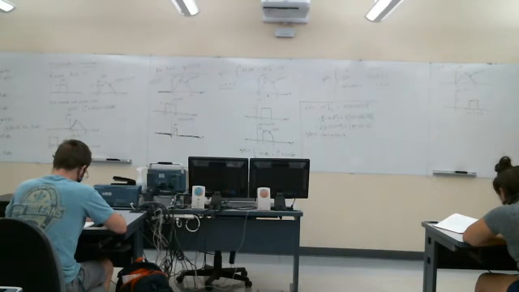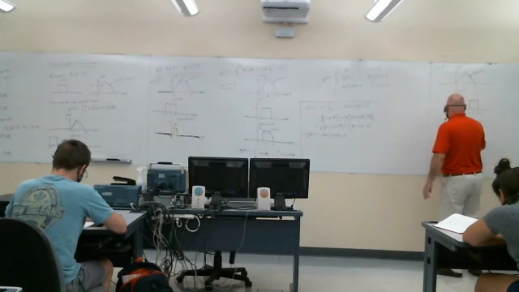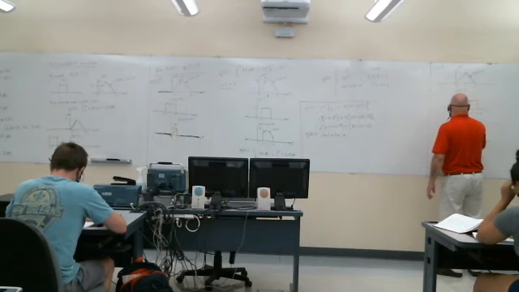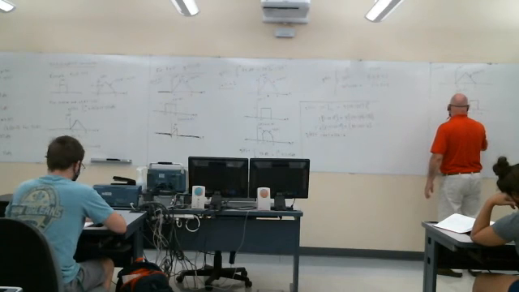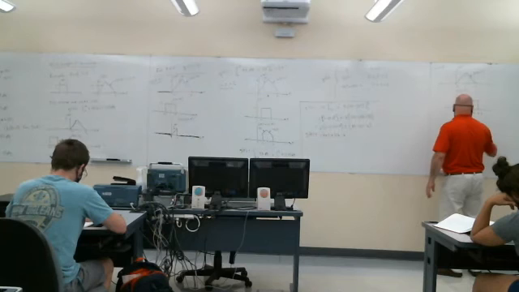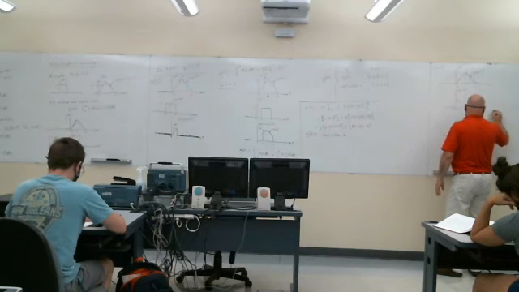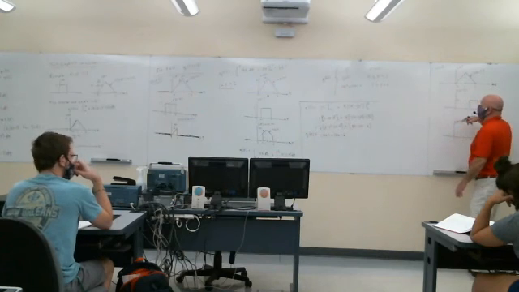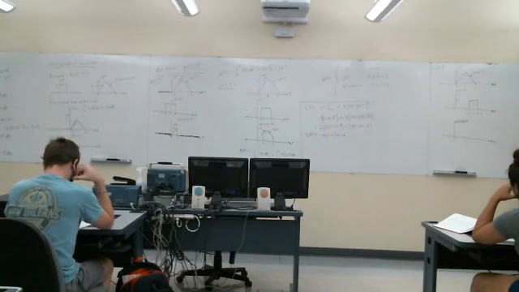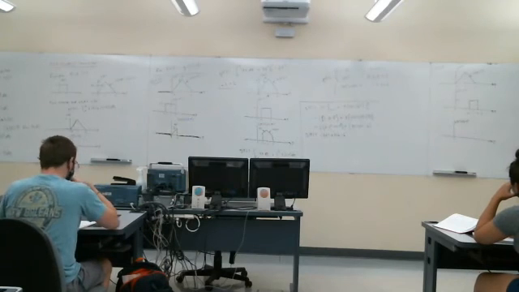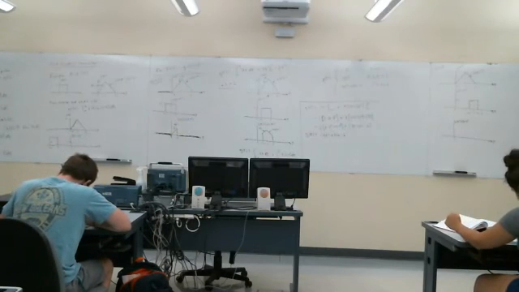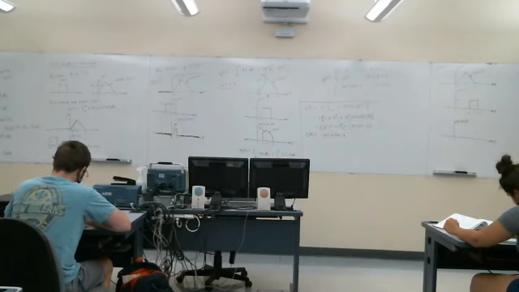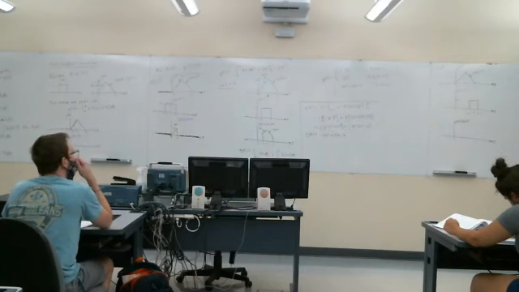Now, h of tau, x of t minus tau. When we get done here, I'll show you a little trick that'll help you verify that these results are correct. I hope they are, but there's a check you can do to verify that. It will give us some confidence.